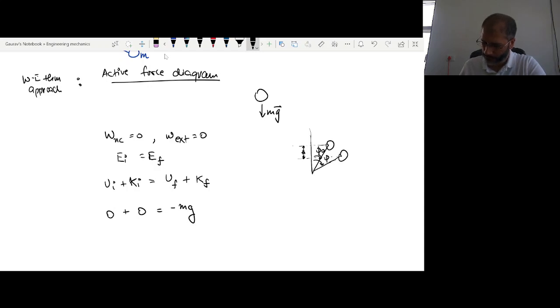and this h is simply L times cos phi naught minus L cos phi. Okay, that's the value of h, and the final kinetic energy is simply half m v squared.